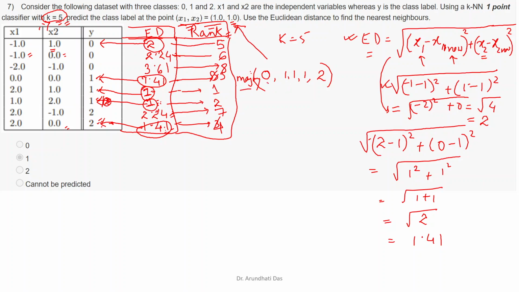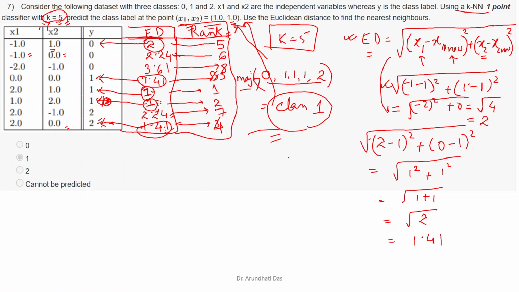So out of all these 5 class levels, which class level has the majority count? That is class level 1, right? So this will be the class level for the new data point 1 comma 1 using the k nearest neighbor classifier by considering the nearest 5 neighbors. Okay, thank you.